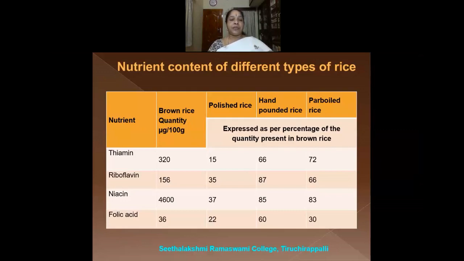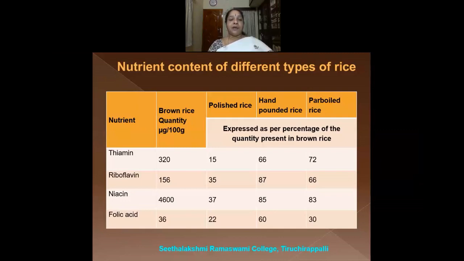Riboflavin, vitamin B2, is 156 microgram per 100 gram in the brown rice. It is only 35 in the polished rice. Hand pounded rice contains 87 microgram per 100 gram, and the parboiled rice contains 66 microgram per 100 gram.